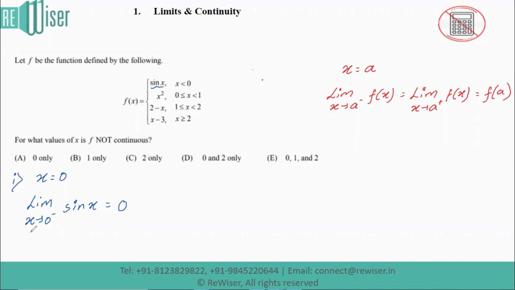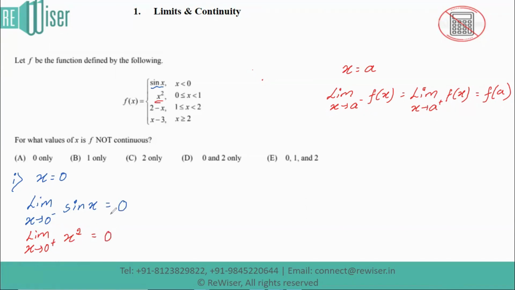And if I talk about the right hand limit, which is the limit as x tends to 0 plus, that means the right hand side, after 0, we need to use this x square statement, which applies when x is greater than or equal to 0. Clearly when you replace x with 0, we get 0 square, which is 0 itself.